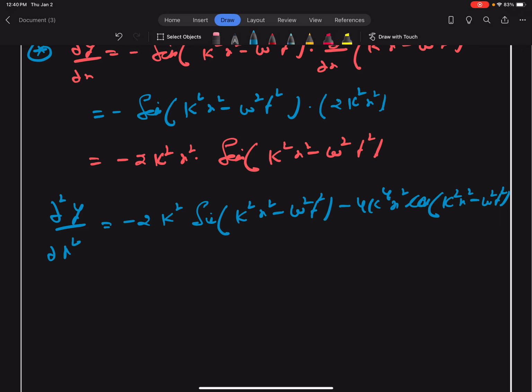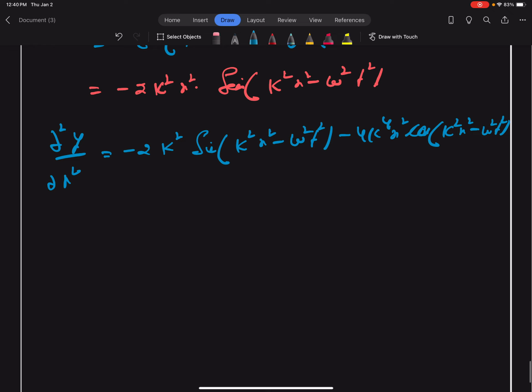Now we are going to use equation number 1. From equation 1, we simply substitute the left hand side as well as the right hand side.